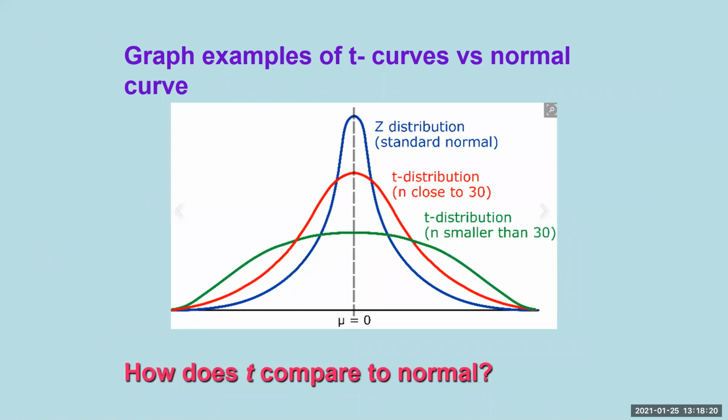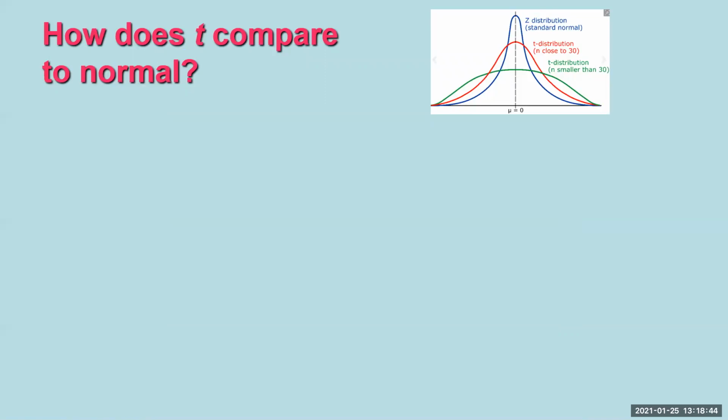So if we graph examples of t-curves against the normal curve, notice our blue z is our pretty nice symmetrical normal curve. And notice that t is going to change based on sample size. The smaller the sample size, the more variability we're going to have and the flatter the curve we're going to have. So how does it compare to our normal z distribution? It is shorter and more spread out, or more variability.